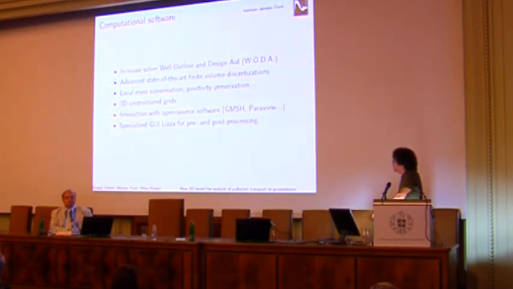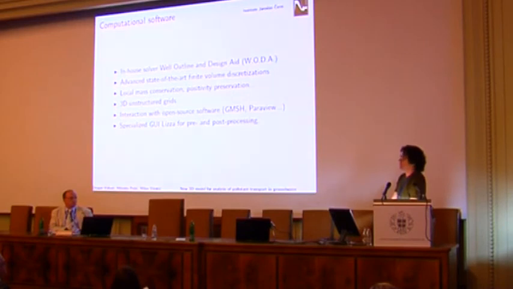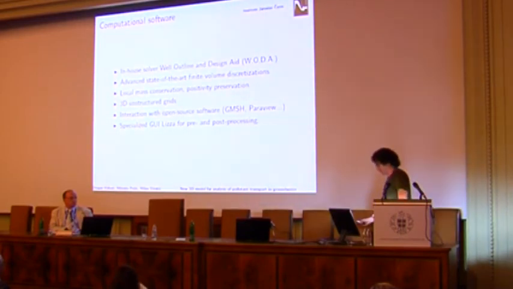Our code can interact with open source software such as Gmsh or ParaView, and there is also a specialized graphical user interface built for our institute called Lisa, which is used for pre and post processing, and is specialized for designing wells with horizontal drains.